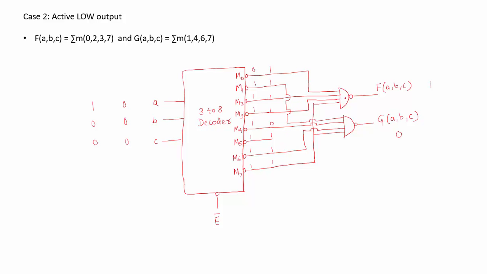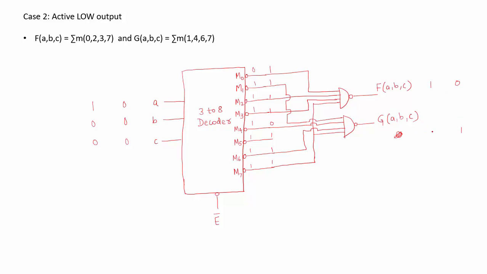Then all the 4 inputs to this NAND gate is 1. So the function f will be 0, and M4 is connected to this NAND gate. So one of the input to this NAND gate is 0. So its output will be 1.